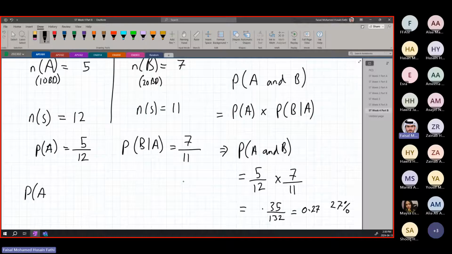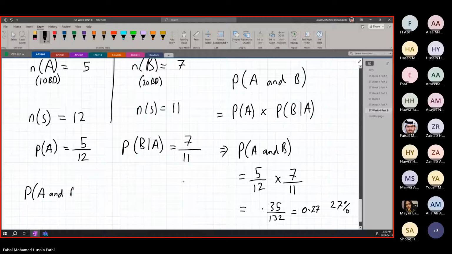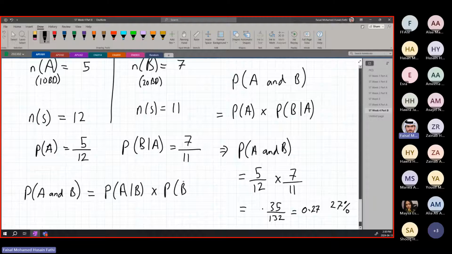P of A and B is going to be the same as saying P of A given B times probability of B. What does this mean?